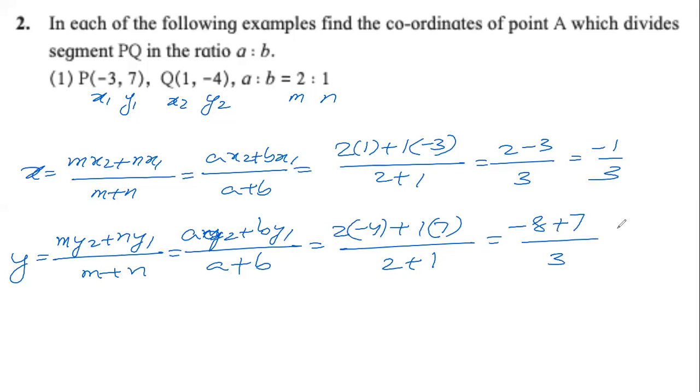Minus 8 plus 7 is minus 1 by 3. So the coordinates of P are minus 1 by 3, comma, minus 1 by 3. Simple, no tricks, nothing.